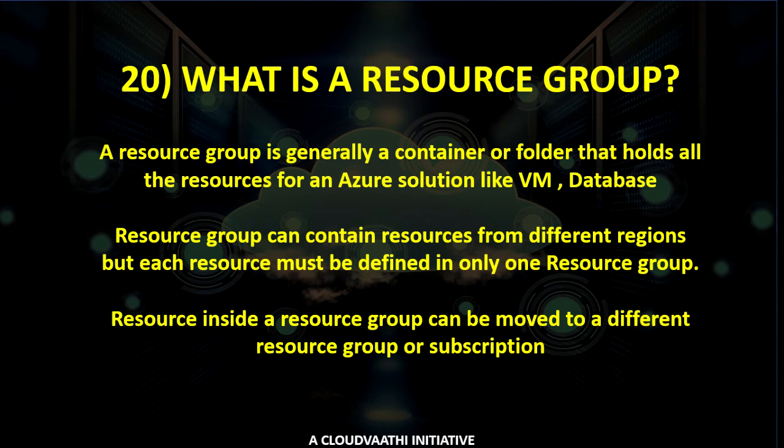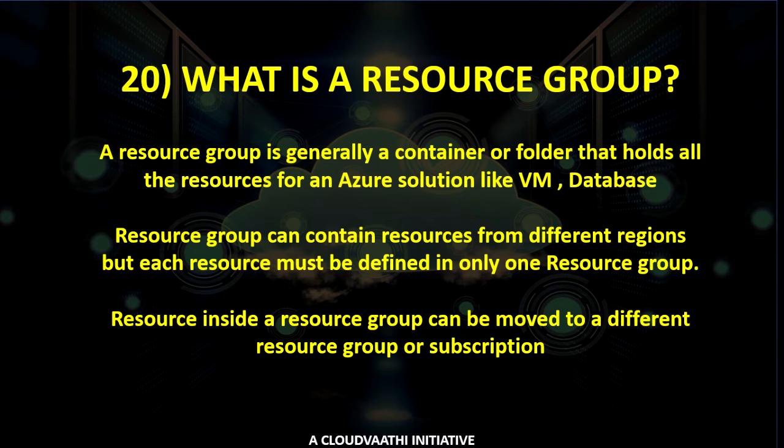Without a resource group, all these components will be present individually. The problem comes when we are moving these resources or this VM from one region to another, probably for high availability, or from one subscription to another. Say currently you are working in a dev environment, and this VM is created there.